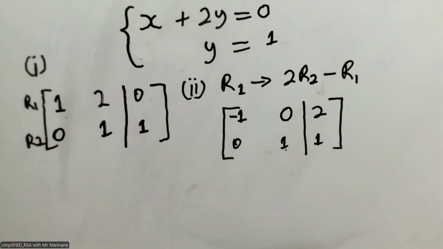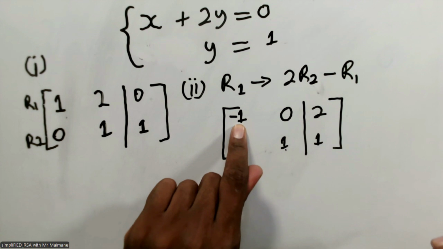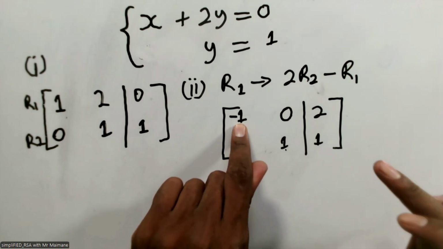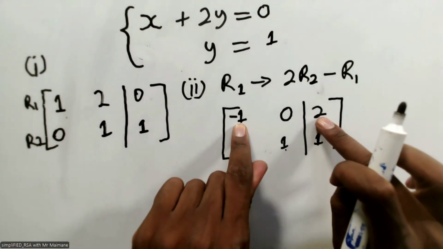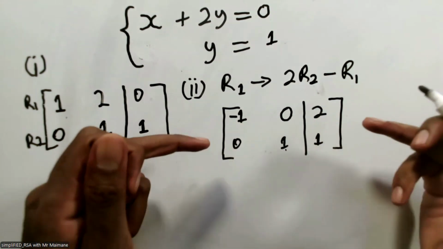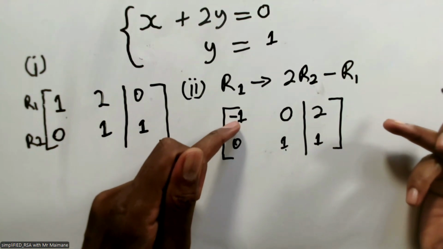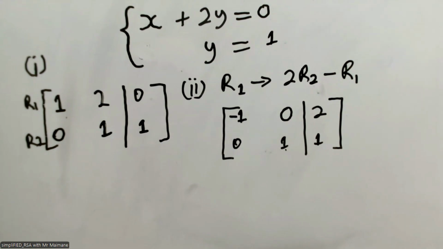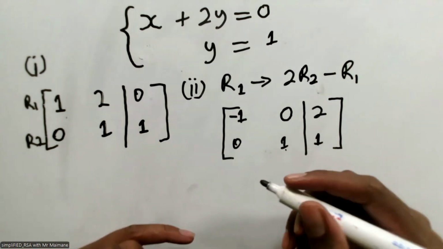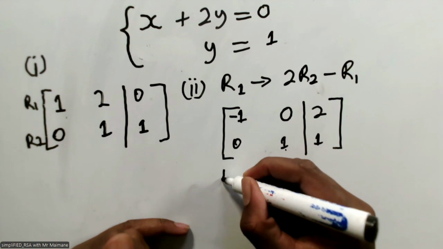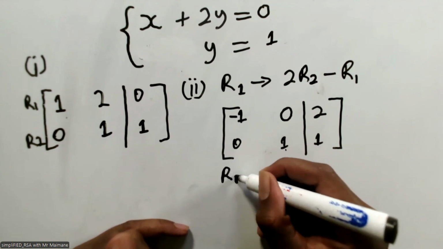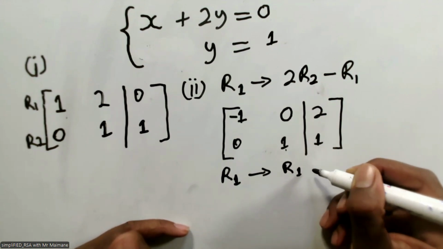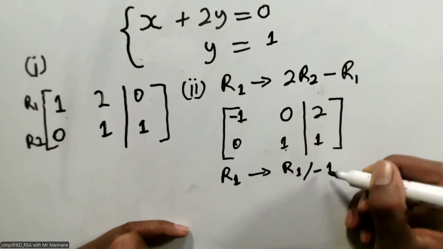I'm happy. But now, if I was to assign the value x again as a coefficient, here I have minus x, yet I have to solve for x in a positive way, meaning I can divide by negative 1 to have a positive x. Still, I'm commanding the rows. I'm happy with my second row. Look at this. Now, I will say row 1 now is yield from row 1 divided by minus 1.